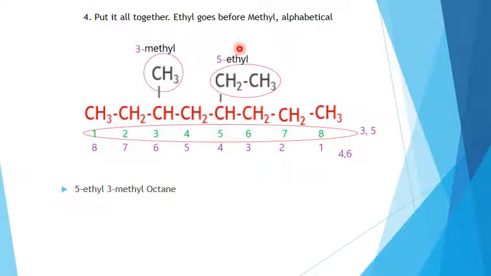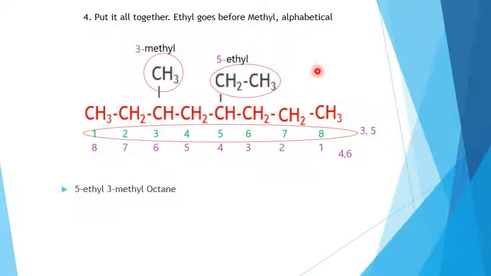So how are you going to put that all together? You have to put the 3 names together. And who do you put first, 3 methyl or 5 ethyl? It's always alphabetical. So ethyl will be going before methyl. So the answer is 5 ethyl, 3 methyl, octane.